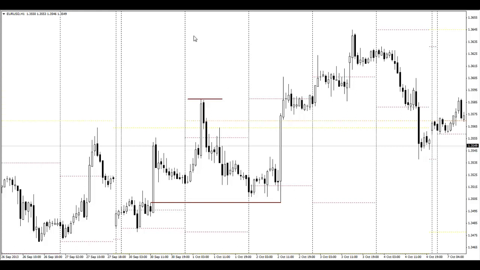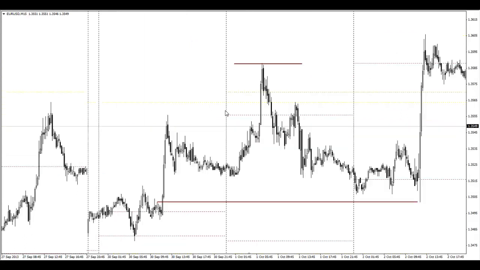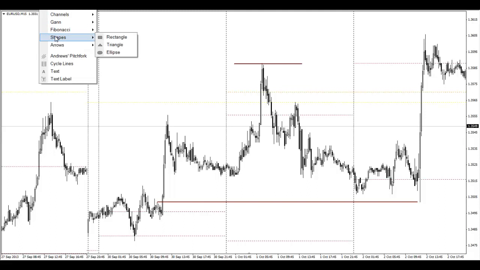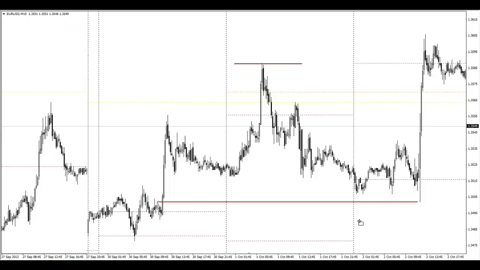Let's go back down to the 15-minute time frame. Here is the London session open, not the whole session itself, but the London Open as defined by me.